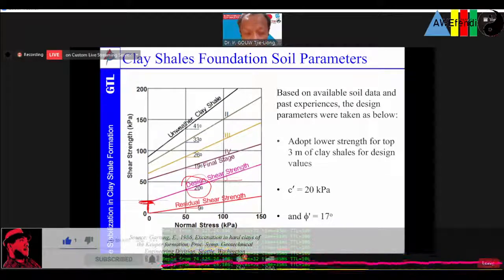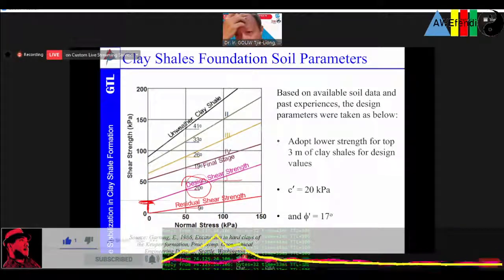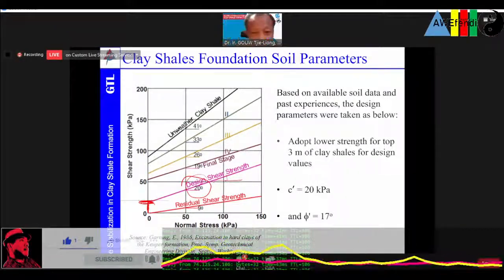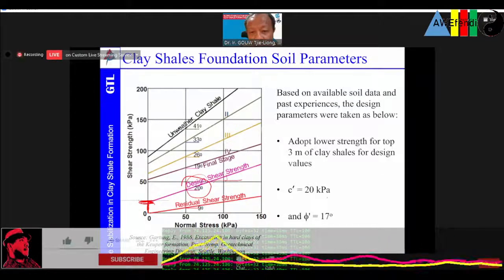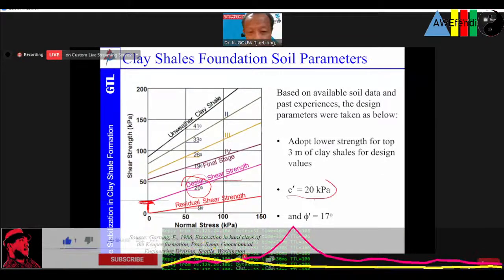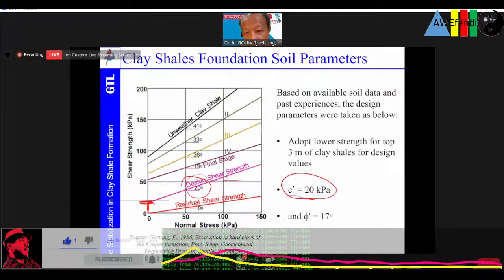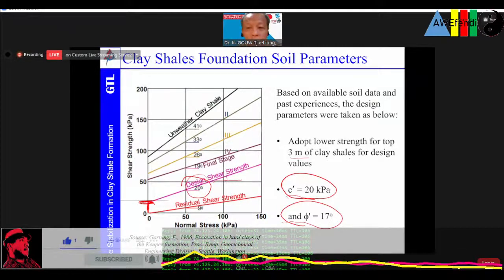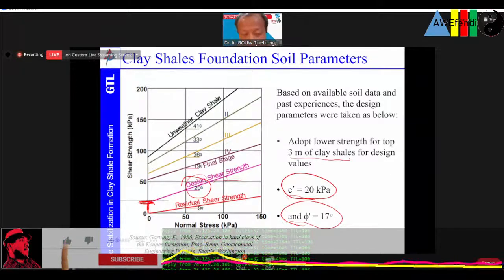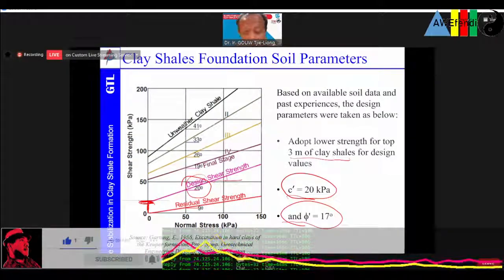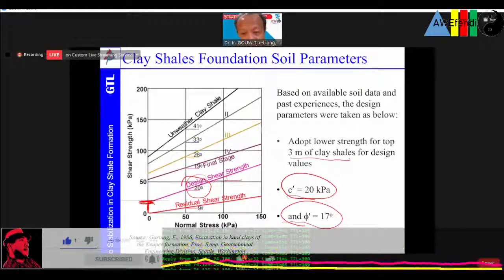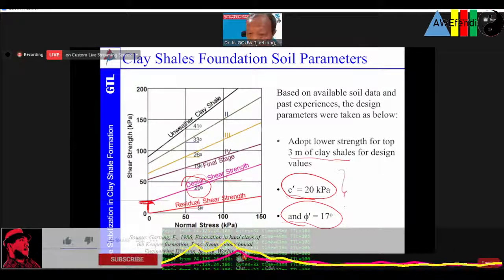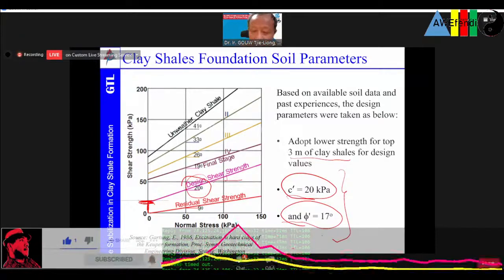So what we adopt based on our testing and also based on this chart, what we adopt is that C prime we adopt as 20 kPa, and then phi is 17 degree for the first 3 meters of clay, even though I have cleared off the weathering part of it. And then the first 3 meters I assume low strength, and this is the lowest strength that I took for that design, for that project.